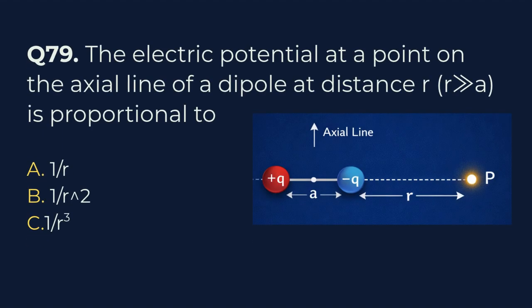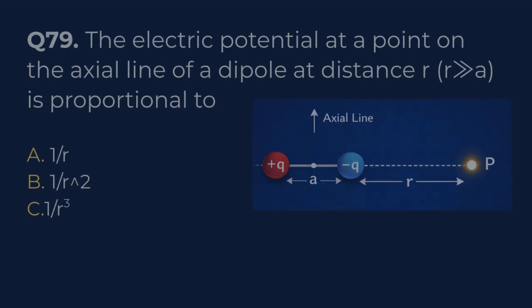Question 79. The electric potential at a point on the axial line of a dipole at distance r, where r is much greater than a, is proportional to: a) 1 by r, b) 1 by r square, c) 1 by r cube.